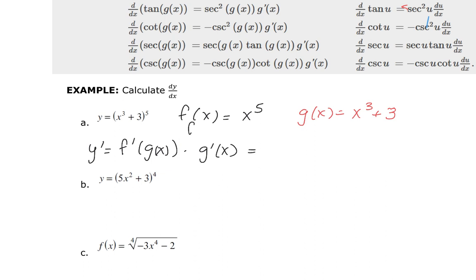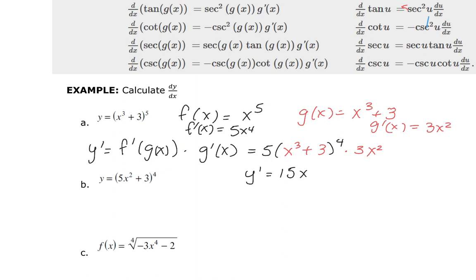F prime of x is just going to be 5x to the 4th, so this is going to be 5, but my x is actually my inner function, x cubed plus 3, now raised to the 4th power. G prime of x is going to be 3x squared, so I have to multiply by the 3x squared. When I clean this up, y prime is going to be 15x squared times x cubed plus 3 raised to the 4th power.